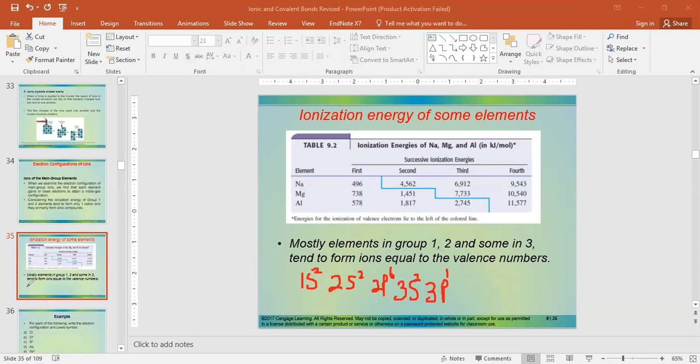Now, the first ionization energy is the energy required to remove this first electron here. This electron here, that is the first ionization energy.